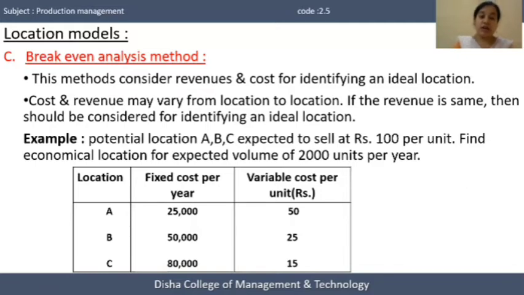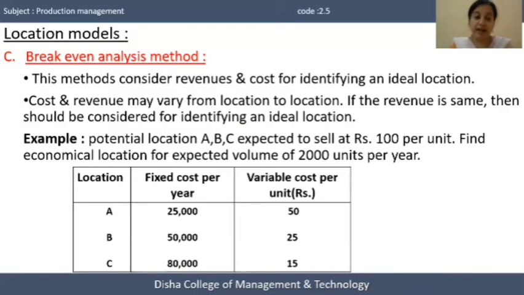So in this example, it is mentioned that an industrialist has three locations, that is location A, location B, and location C, and the selling price per unit is rupees 100. Means the revenue in each location is rupees 100 per unit, and the expected volume, meaning the quantity produced, is 2000 units per year.